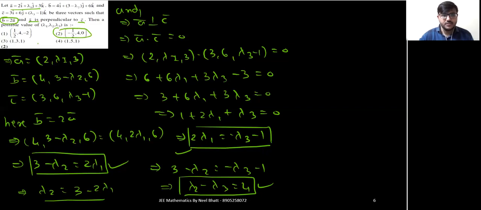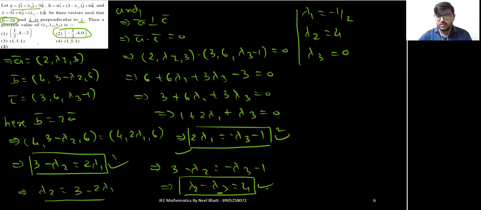So let's check whether this is possible or not. According to the option, the value of lambda 1 is minus half, lambda 2 is 4 and lambda 3 is 0. So just check. This is equation 1, this is equation 2, and this is equation 3. Let's put the values 4 and 0 in equation number 3.